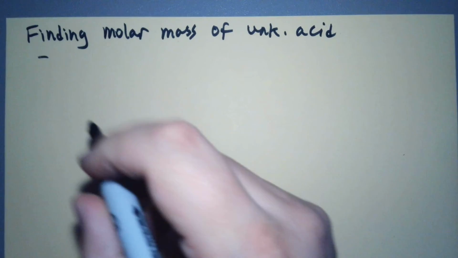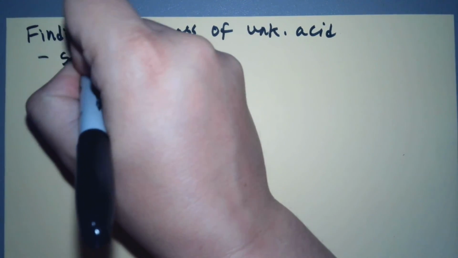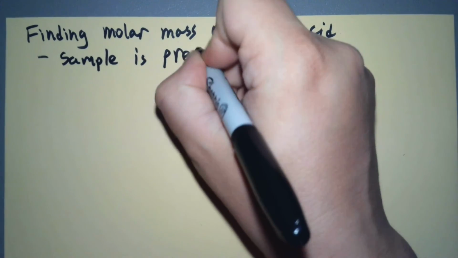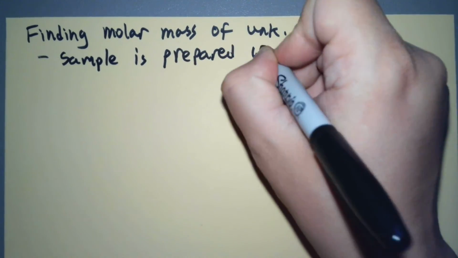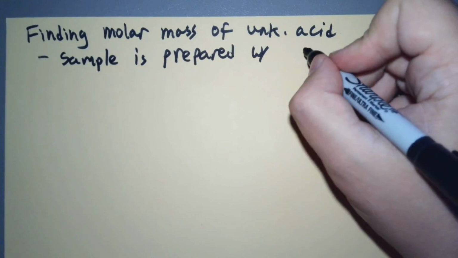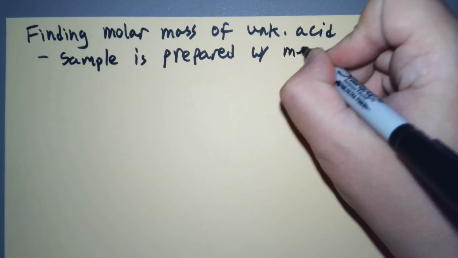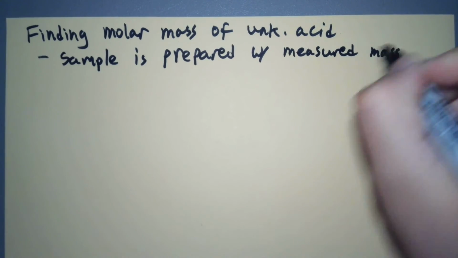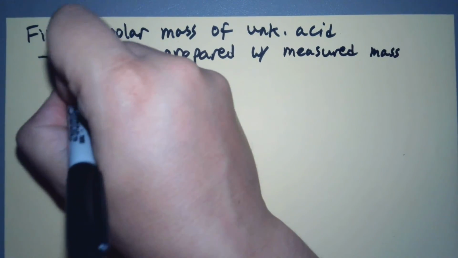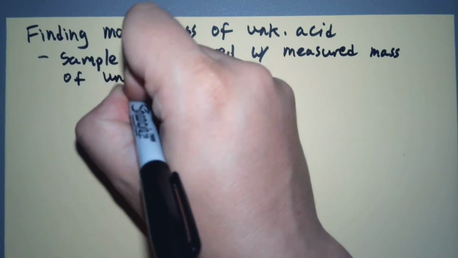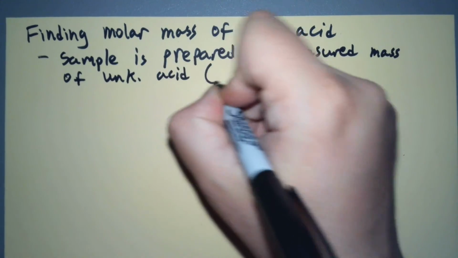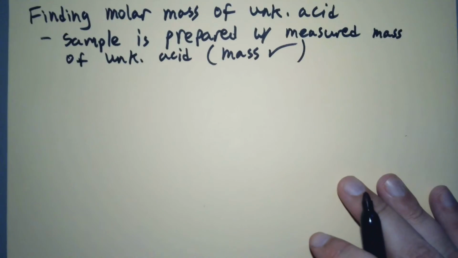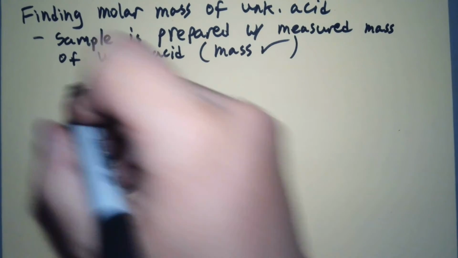So here's kind of the general overview. Our sample is prepared with measured mass of unknown acid. Boom. We got mass. Looking good. That's half of what we need for a molar mass.